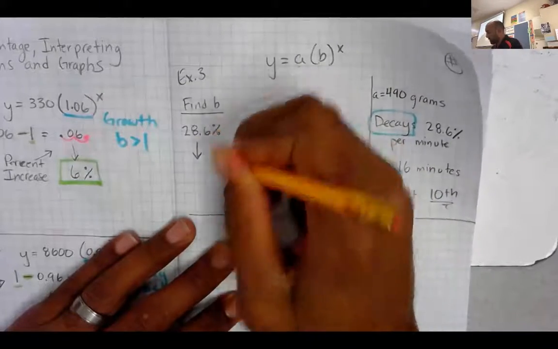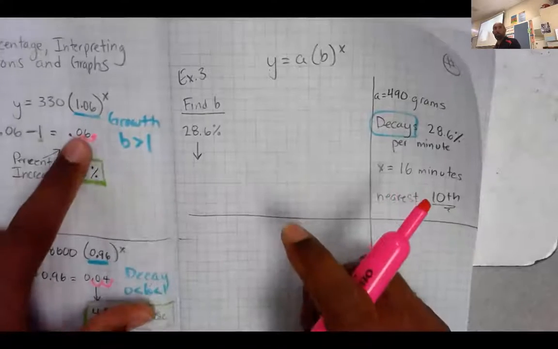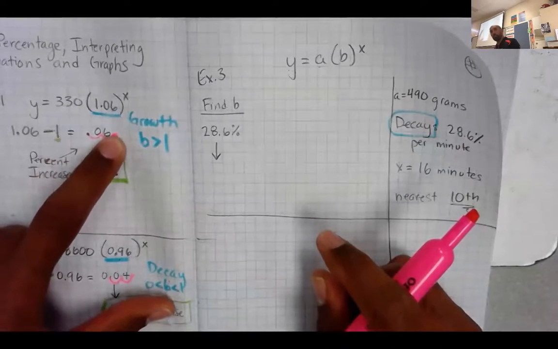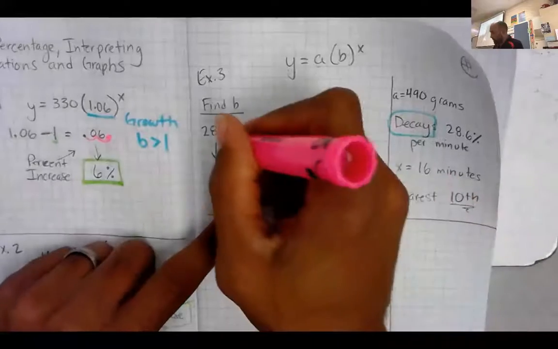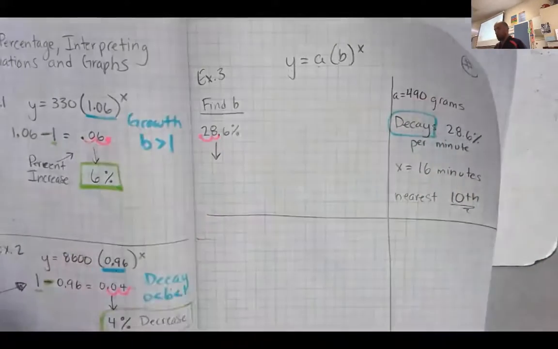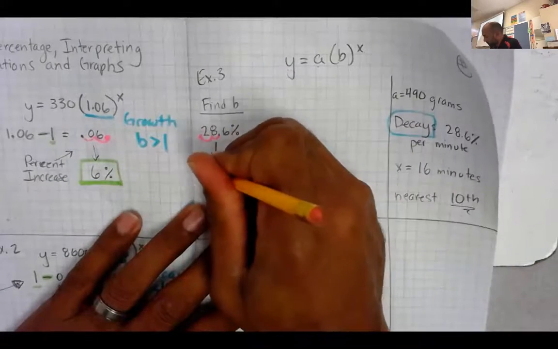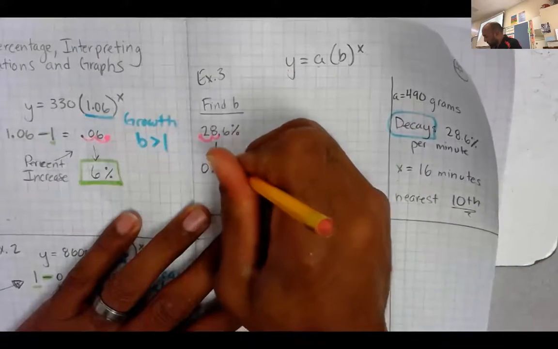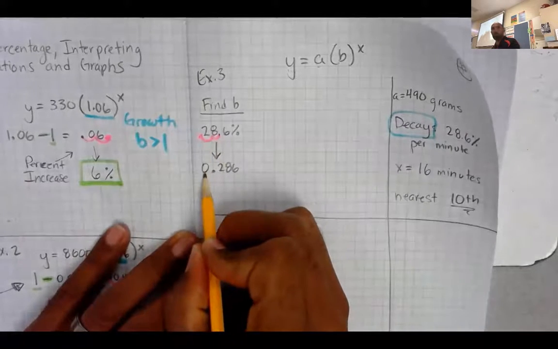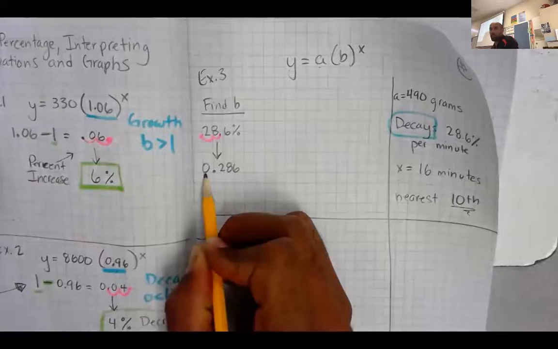To go from percent to decimal, you do the opposite of going to a percent. For a percent, we go to the right 2, so to go back to a decimal we go 2 to the left. So the decimal would be 0.286. I went 1, 2, and then put a 0 here as a placeholder. You don't actually have to put that there.